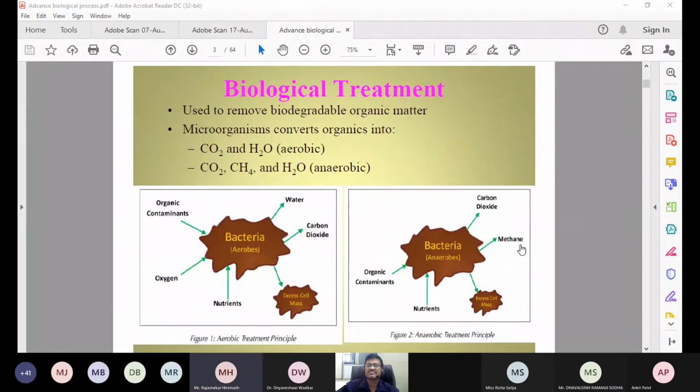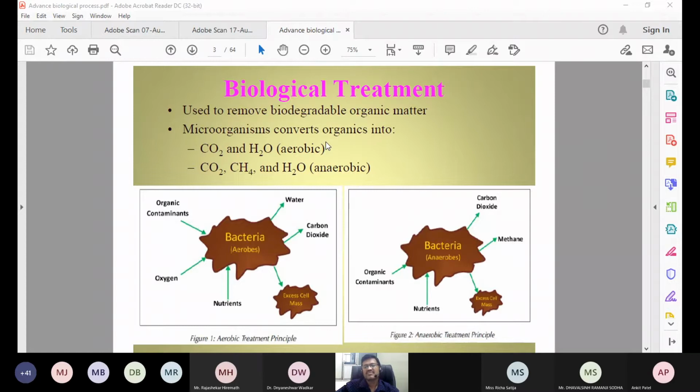Levels of BOD? Yes. We use the BOD method, biochemical oxygen demand, or we can measure it by chemical oxygen demand, that is COD. Yes, Mamta Sharma, BOD.